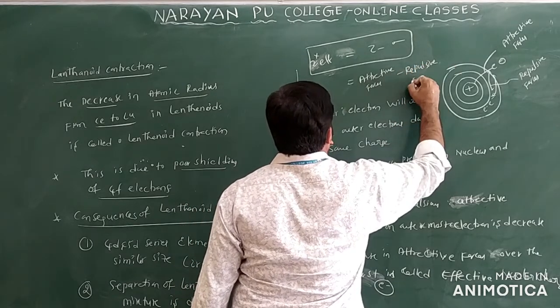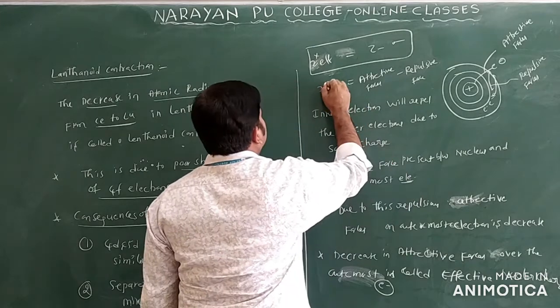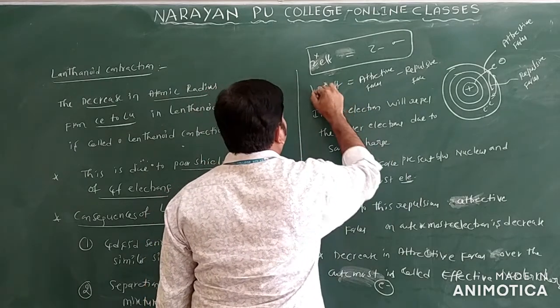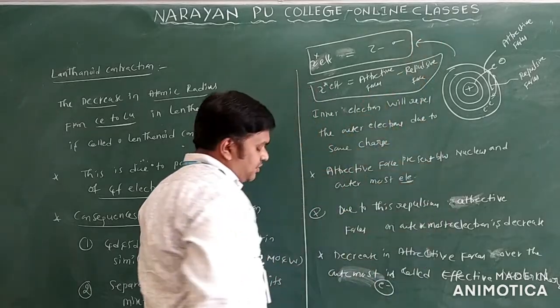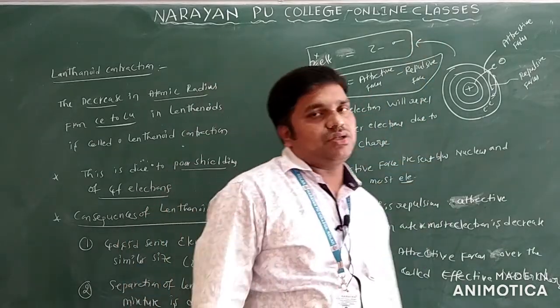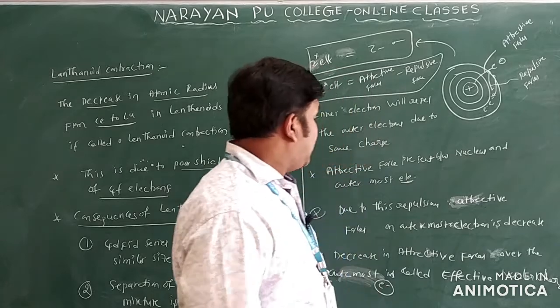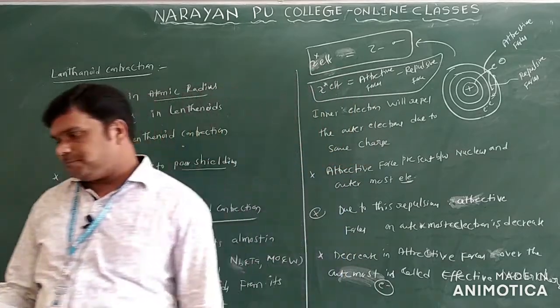From that we write Z star equals Z minus sigma, where sigma is the screening constant. So this is about effective nuclear charge.